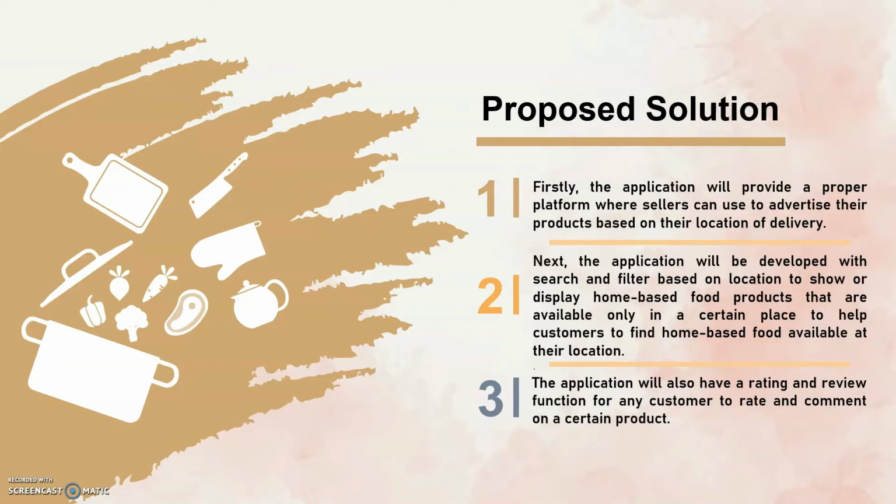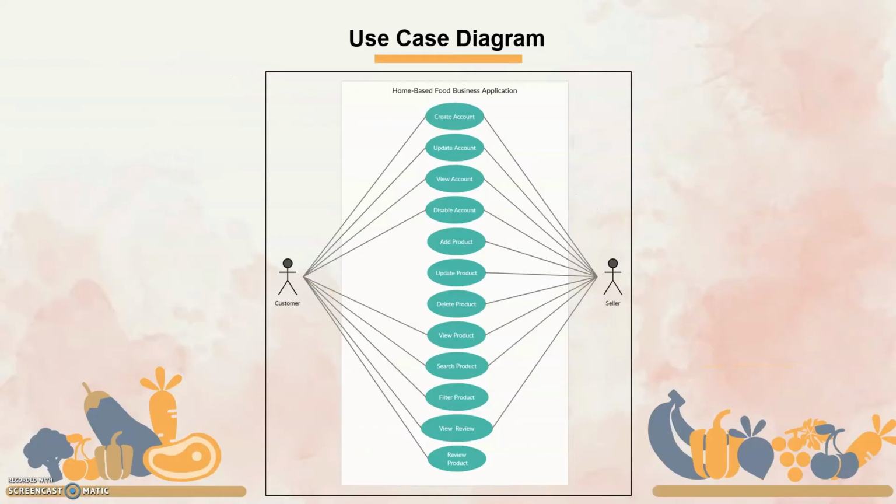For the second problem, the application will be developed with search and filter based on location, to display home-based food products that are available only in the place selected by the customer, to help customers find home-based food around their location. And thirdly, the application will also have a rating and review function for any customer to rate and comment on a certain product.